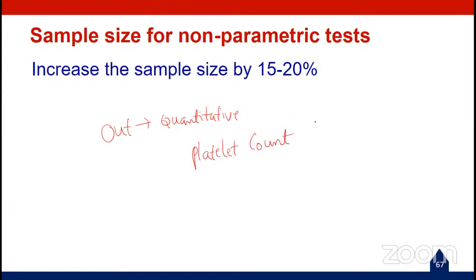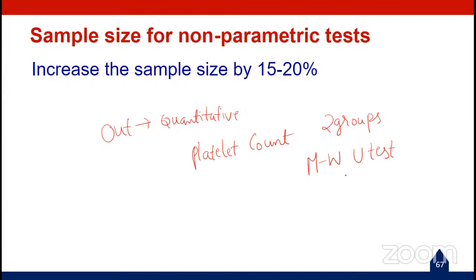Okay. And you have two groups, and your outcome variable is platelet count. You know in the beginning itself that you would be applying a Mann-Whitney U test. So what should you do?